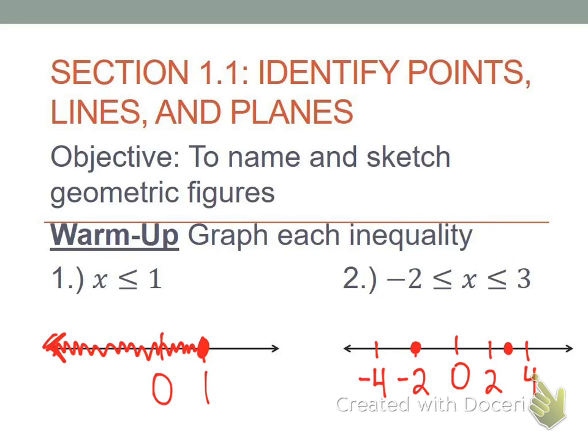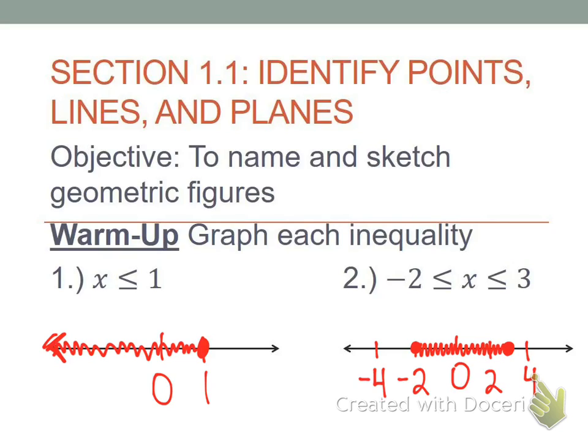Okay, then we have to decide where we're shading. Where are we shading? In between them. So X is in between the -2 and 3. So that is where we shade.